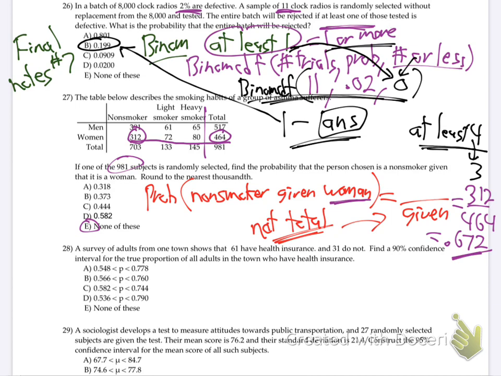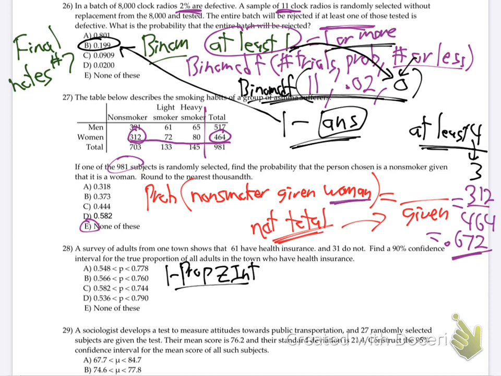So which one is this going to be? These are proportions, and it's just one proportion, isn't it? So we go to stat, test, one proportion Z interval, because it's a confidence interval.